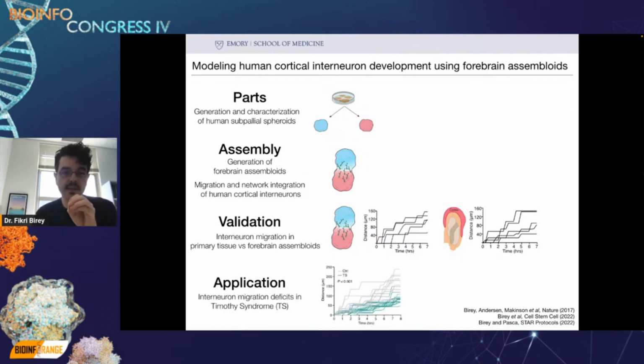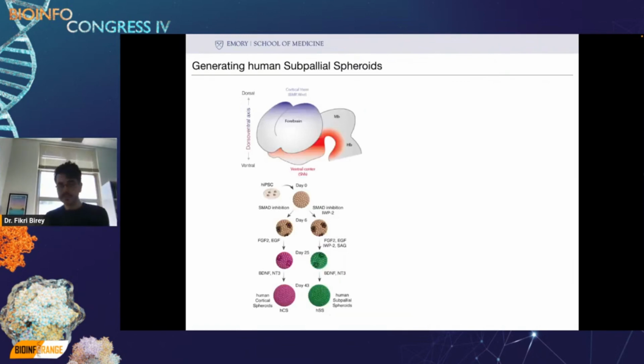And just at the end, going a little bit deeper into how we applied this model to better understand and uncover novel insights about a particular neurodevelopmental disorder called Timothy syndrome using patient-derived assembloids.